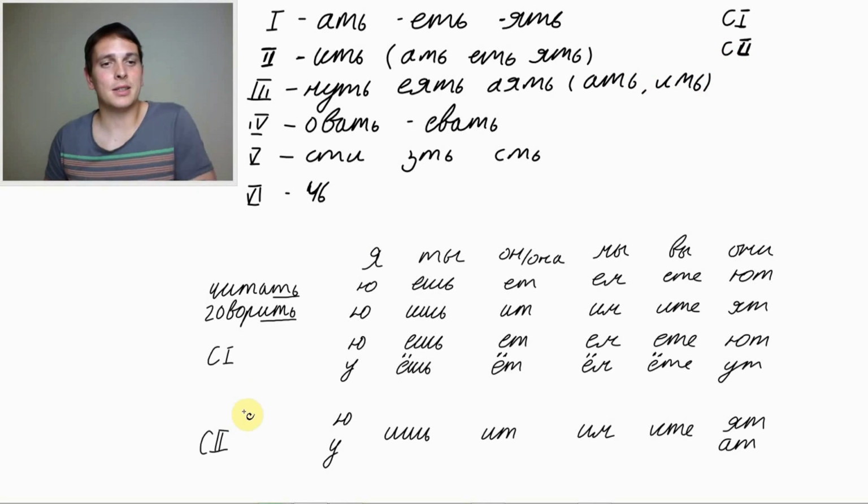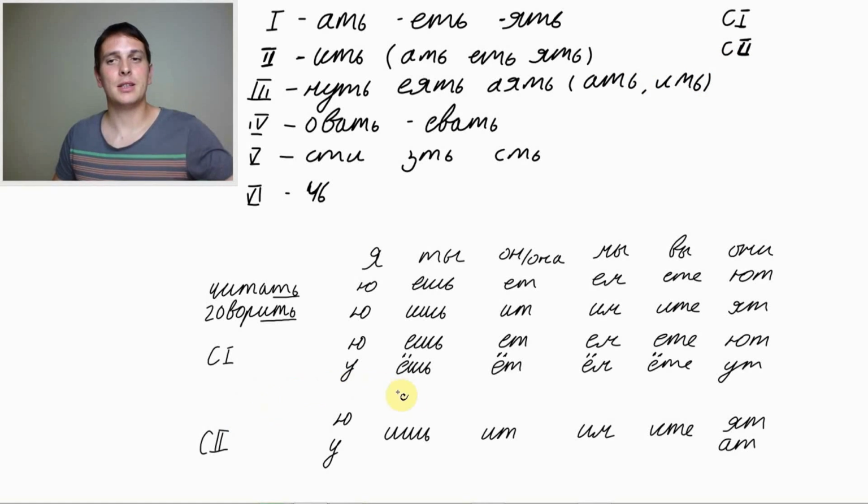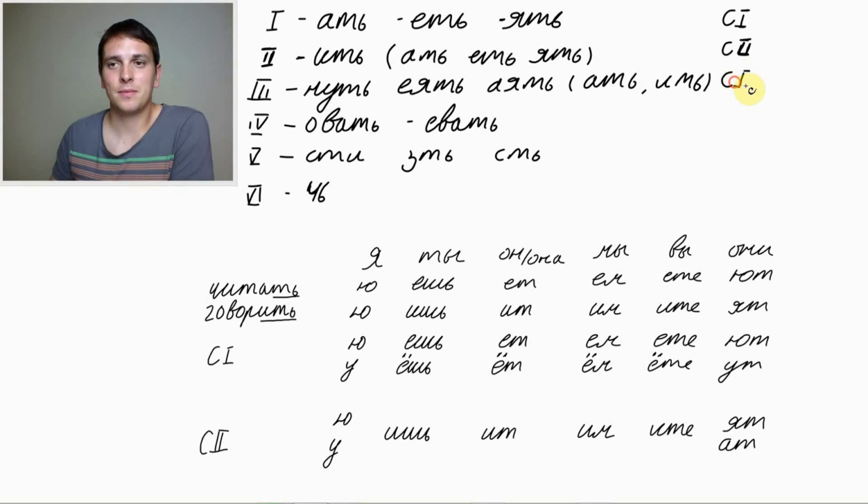So this line of verbs is type number 2. The rest is C1. C1s for conjugation type number 1.